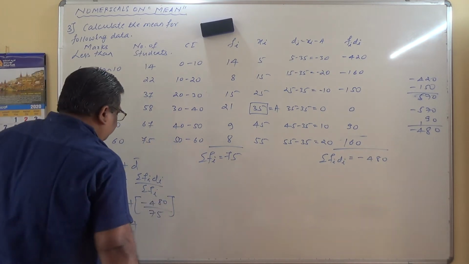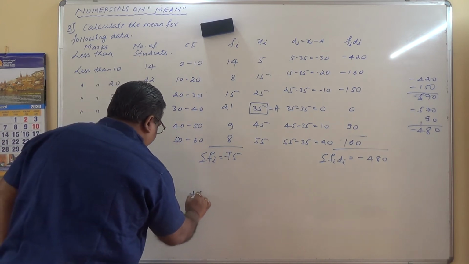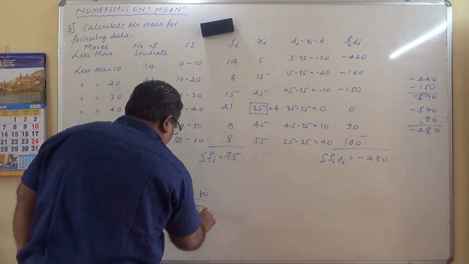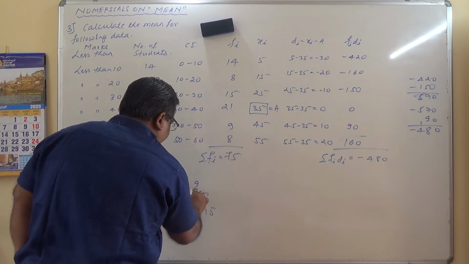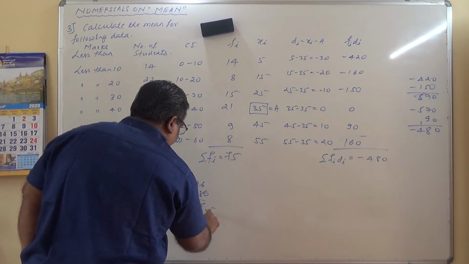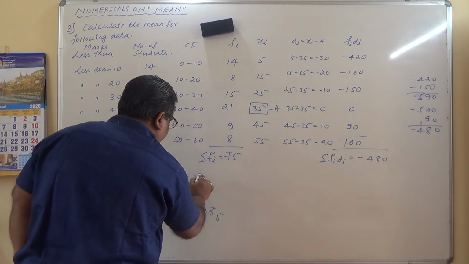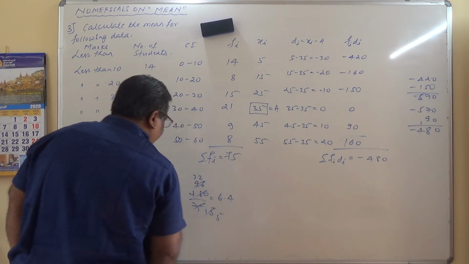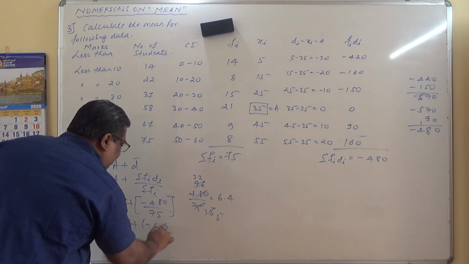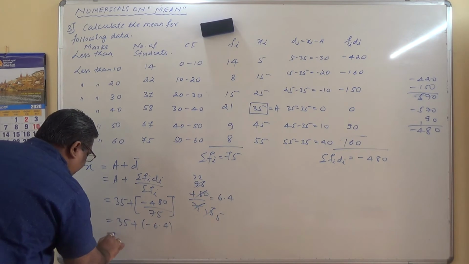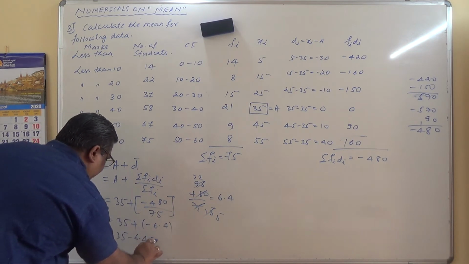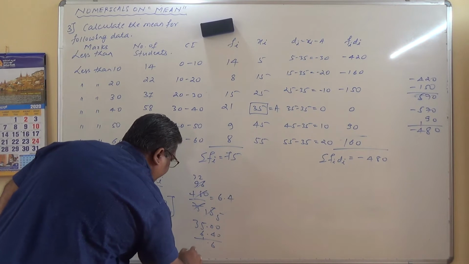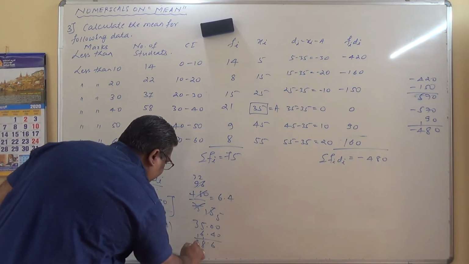Okay, plus if you work out 480 by 75 in the rough, it is minus 6.4, and therefore 35 minus 6.4 is equal to 28.6.